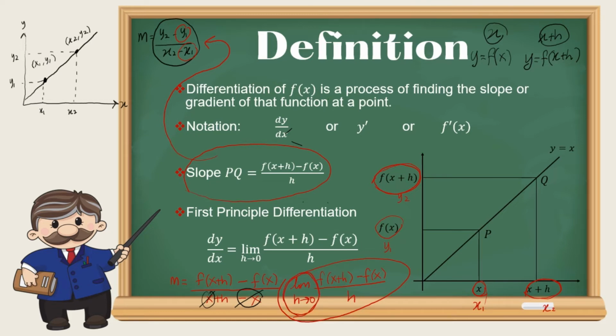We want to find what is the value of y when the step here approaches 0. h is the step between x1 and x2. So we want to find what is the value of y when x2 is closest to x1. The value of step approaches 0, no step between x1 and x2. So that one is the first principle of differentiation.